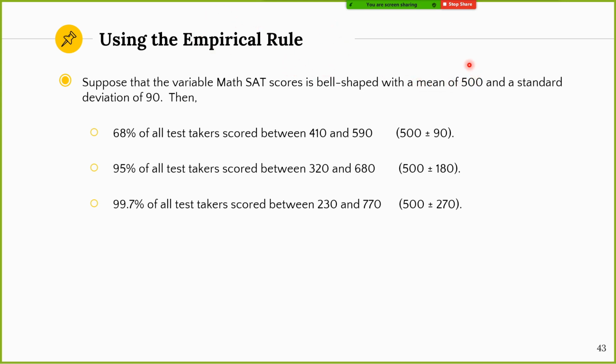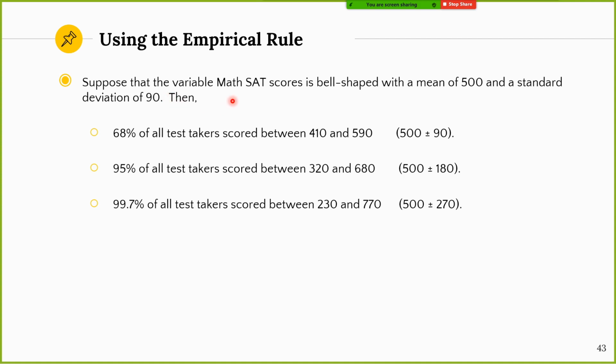You have the mean of the scores of 500, and the standard deviation is around 90. So the average distance of the data from the mean is 90. It could be higher than 90, it could be lower than 90.